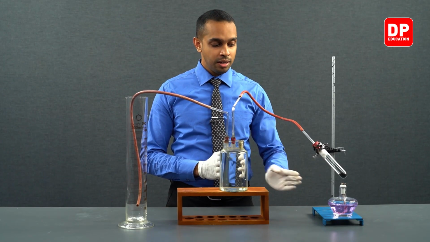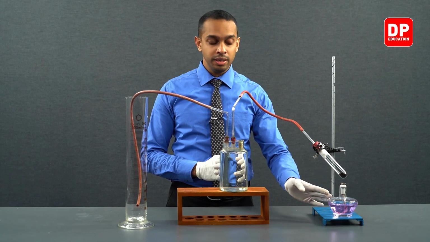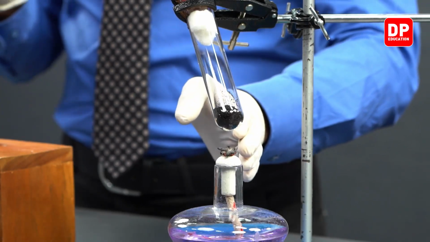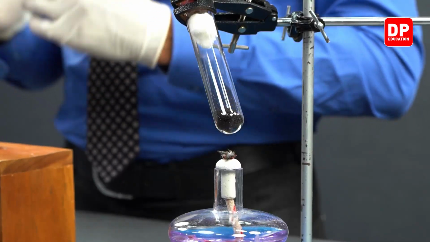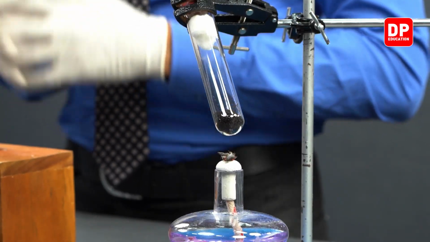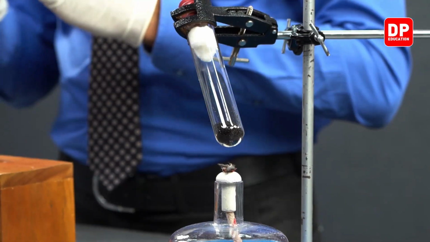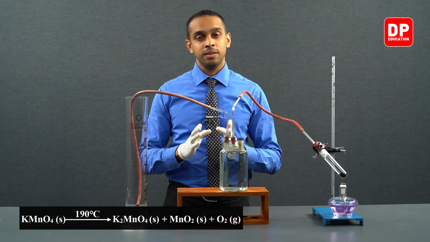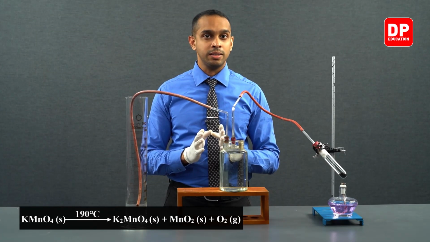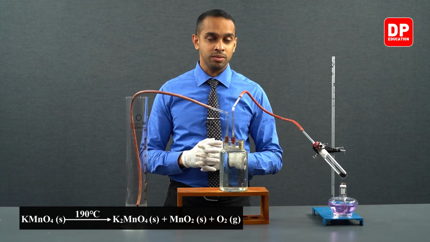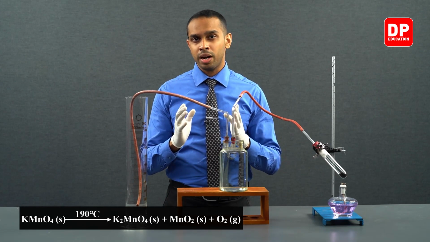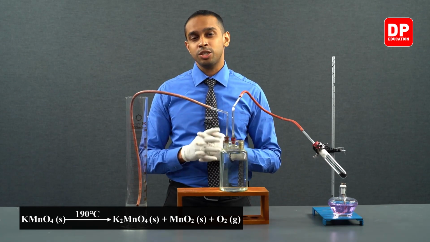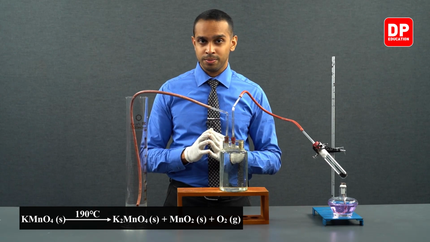When we light this spirit burner, it will heat up the potassium permanganate that we have in the boiling tube and will produce potassium manganate, manganese dioxide, and oxygen.